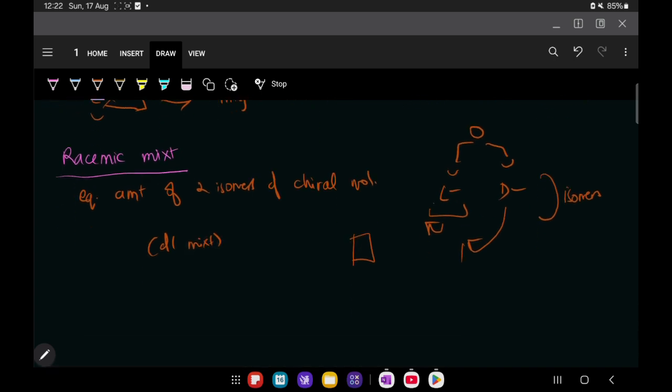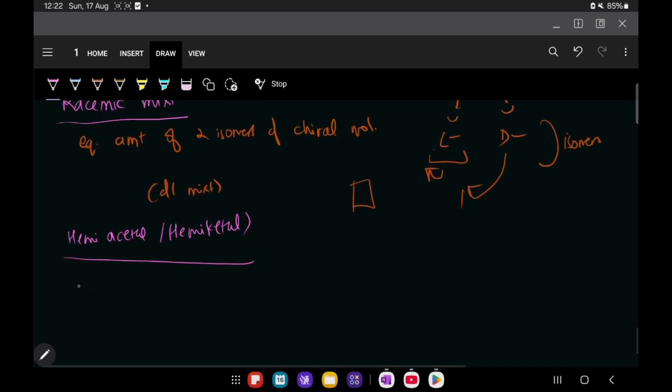And the last term is hemiacetal or hemiketal. This is a general reaction that happens when you take a carbonyl group, like an aldehyde or a ketone, and it reacts with an alcohol.